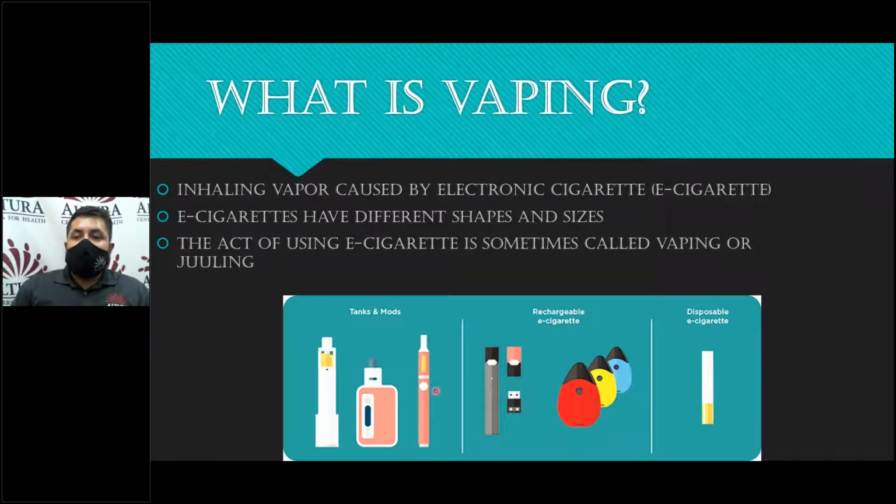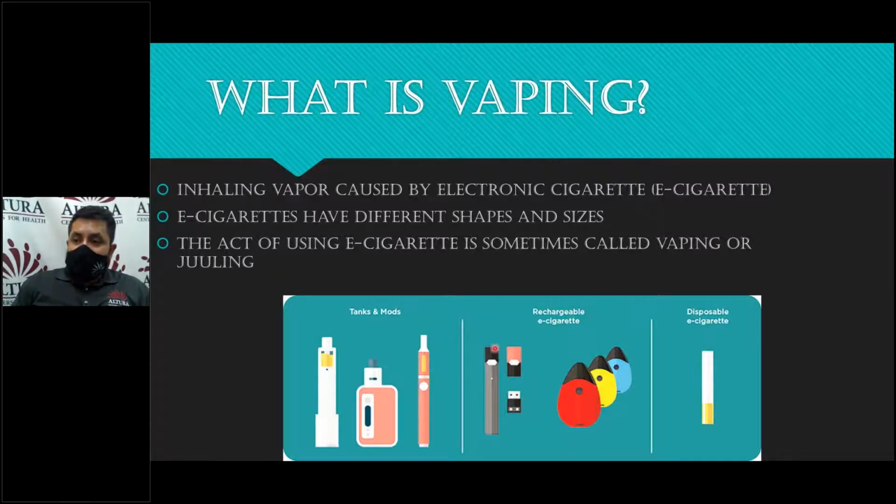This one over here is a little bit more discreet. It's shaped like a pen, and you can pretty much take it anywhere, like in your pocket or your purse. It's not too bulky and it's really convenient. These over here are called rechargeable e-cigarettes, and all of these ones can be recharged.